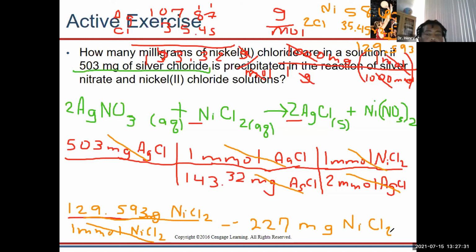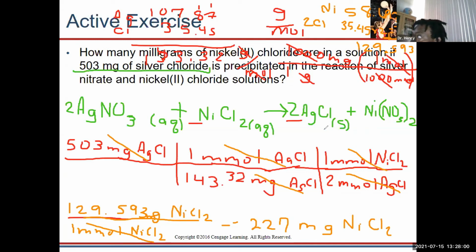Okay. Questions, concerns? So far, no. Pretty simple, right? So you got to remember that you're going to be using your chemical equation. The chemical equation allows you to get that mole to mole ratio.